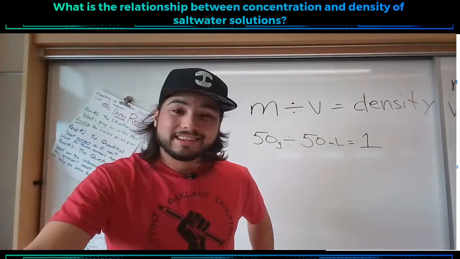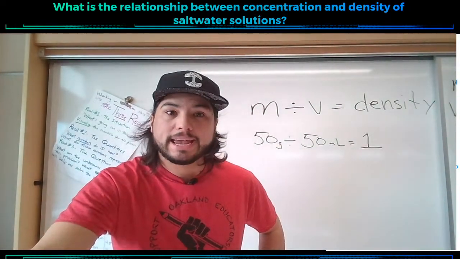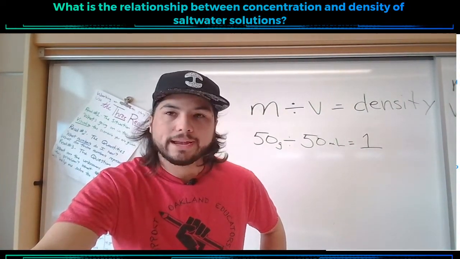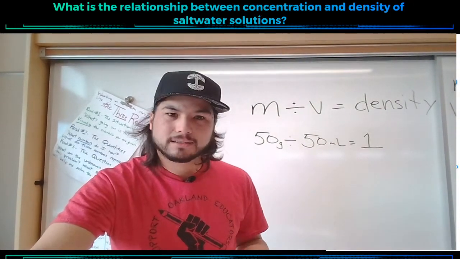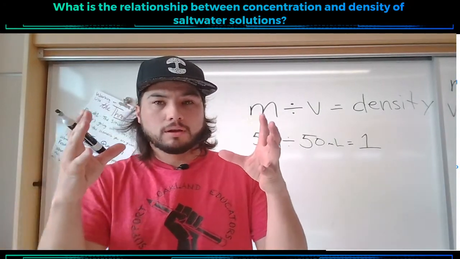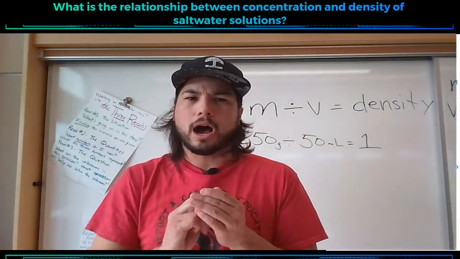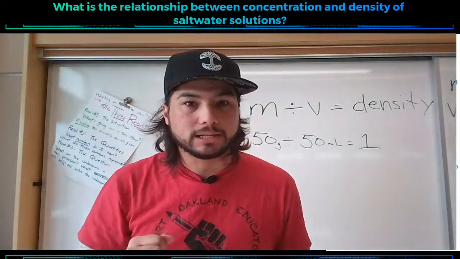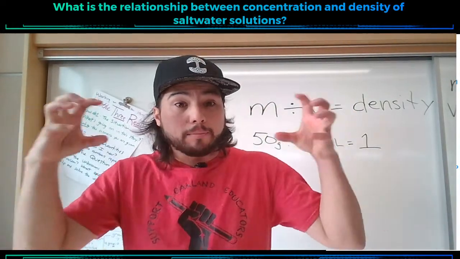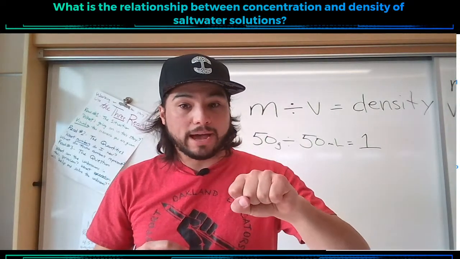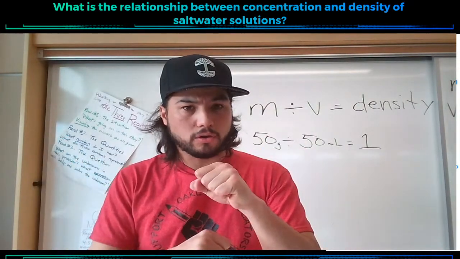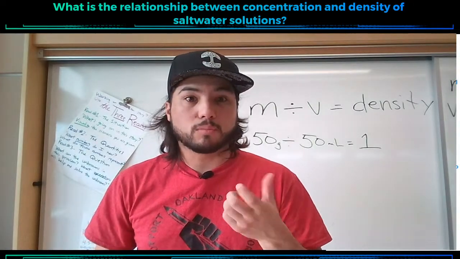Okay? And this gives us a nice and easy way to think about how dense something is, how an object's molecules are packed into a tight space. If you take the same amount of mass and pack it into a smaller space, so the same mass with less volume, you're going to have something that's more dense, right?